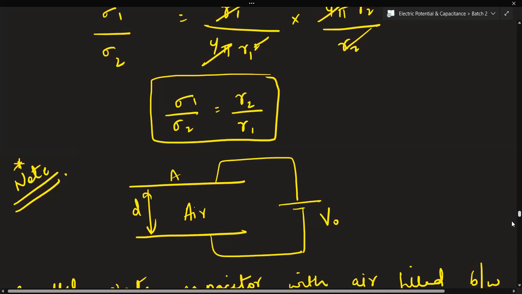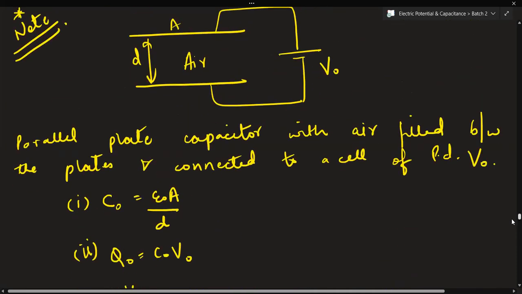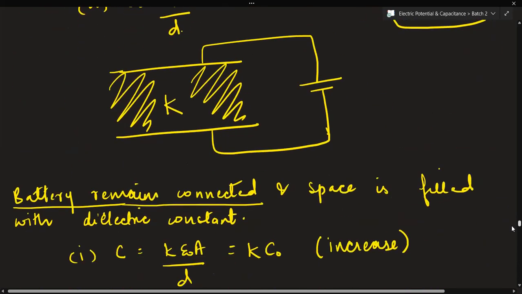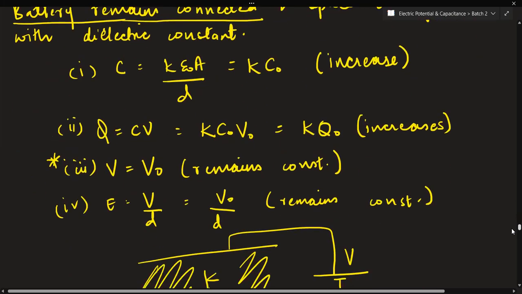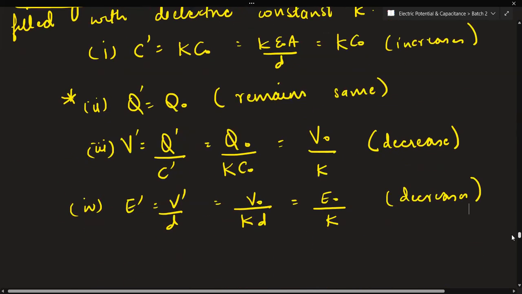When the parallel plate capacitor was filled with air, when you had no dielectric constant, battery was also connected, these were the 4 things. But if battery stays connected, capacitance and charge increased, potential and electric field remained the same. When battery is disconnected from the capacitor, capacitance increases, charge remains the same this time, and potential and electric field decrease. Clear?